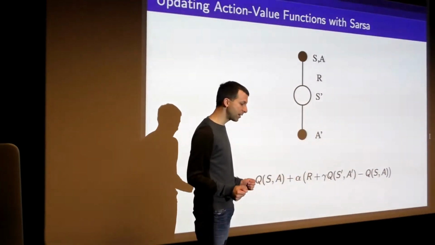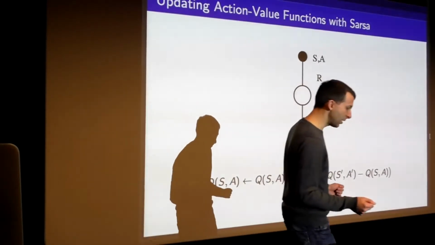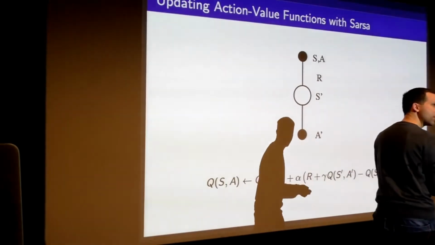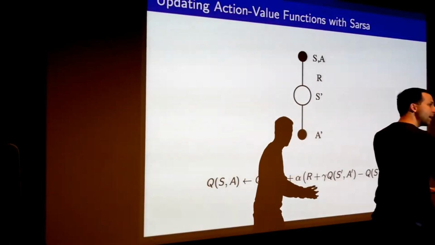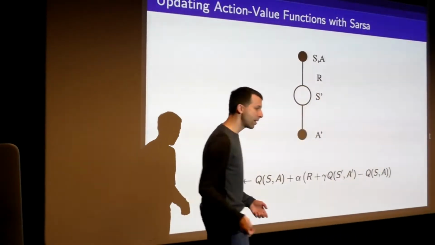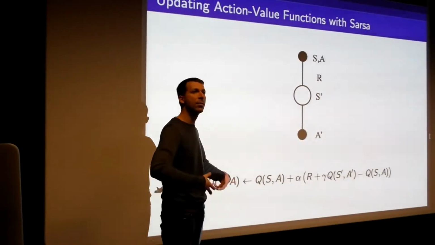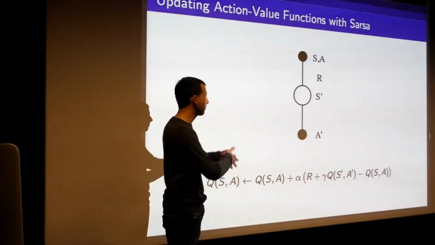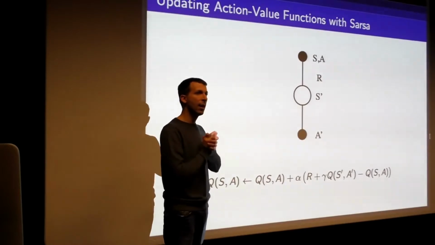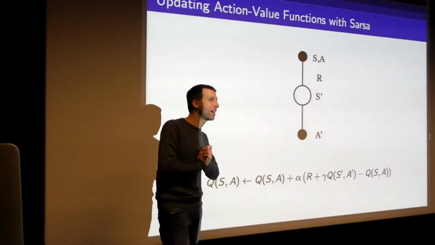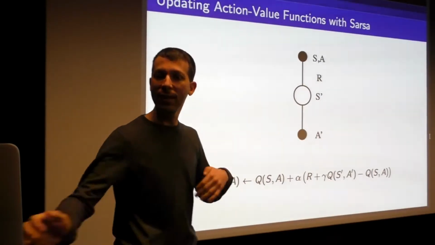What I want to know is, if I actually take that action, look at the reward I got, and then the value of the next action which I would take, that gives me an estimate of the value of this policy. I'm going to use that estimate to update the value of the state action pair I started in. That's the general idea. This comes from the Bellman equation for Q. We've hopefully seen this before and become familiar with these types of ideas. So that's a SARSA update.